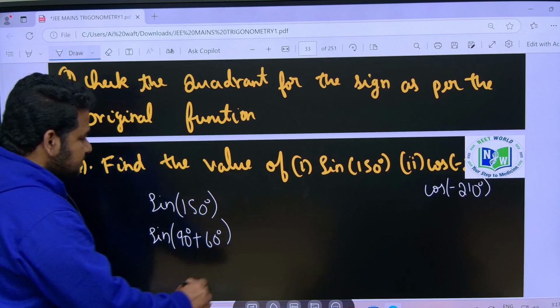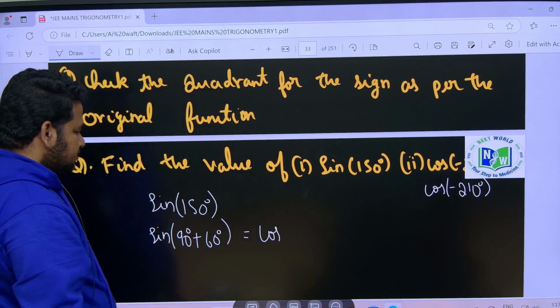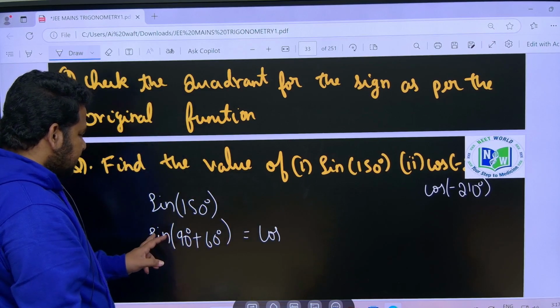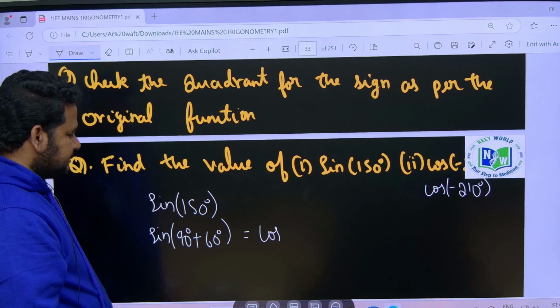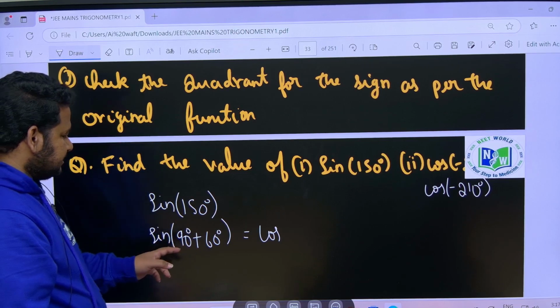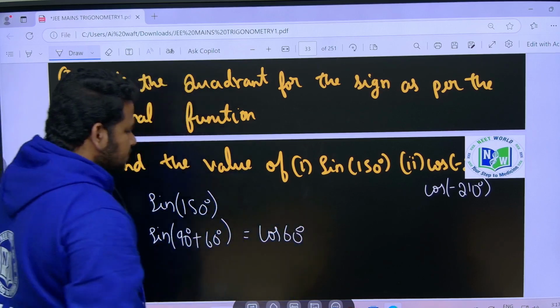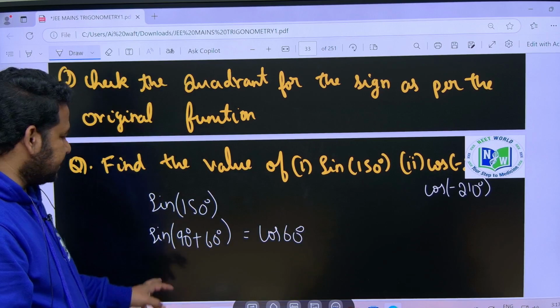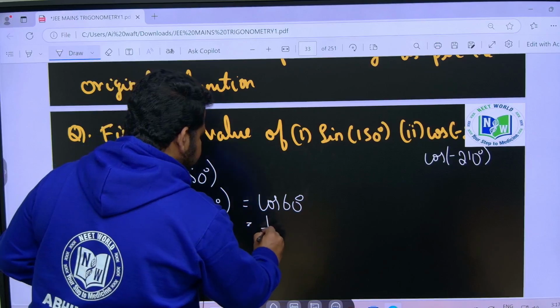Odd multiple means sine will become cos. Sine of 90 plus 60 is cos 60, and it is in the second quadrant. In the second quadrant sine is positive, so cos 60 will be 1 by 2.